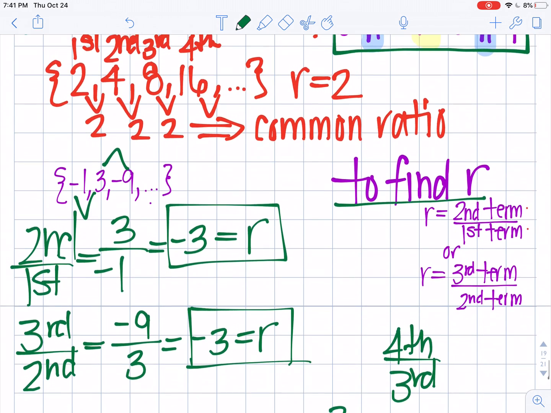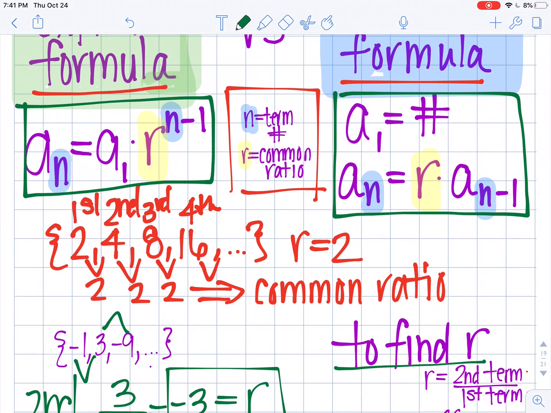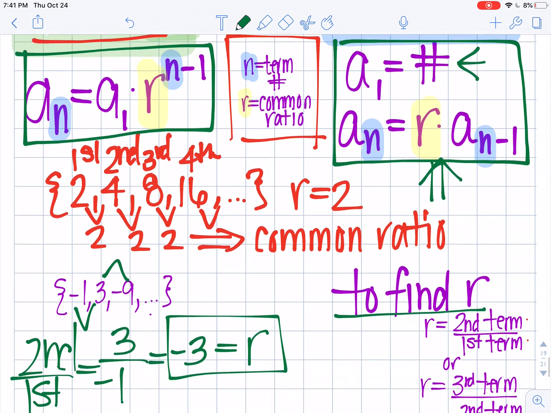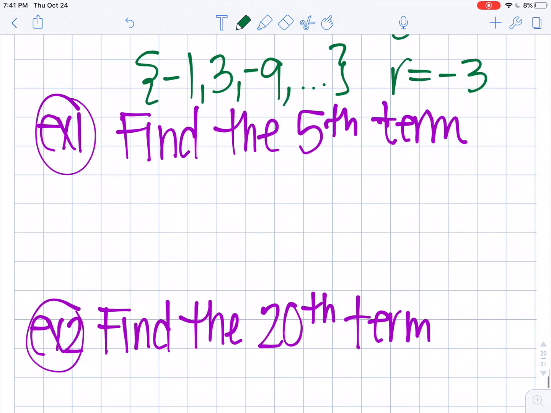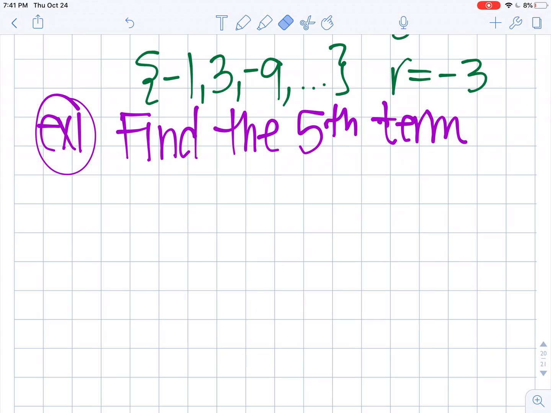So the recursive formula says that we need to know what our first term is. That's what this means. And then to find each next term, I'm going to use this bottom equation. So let's write down our equation down here. My equation said I need to know my first term.